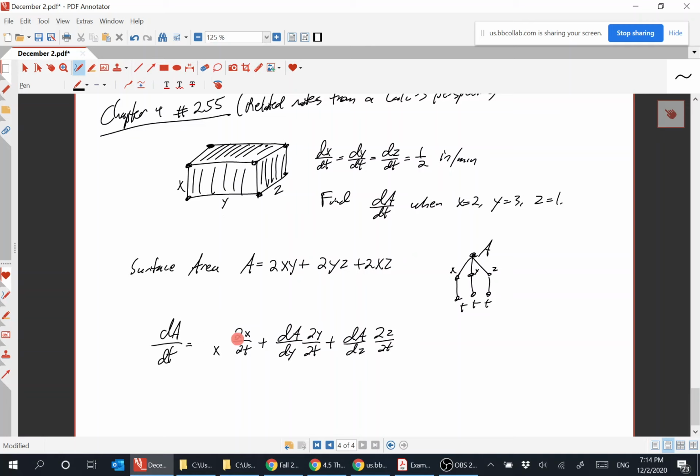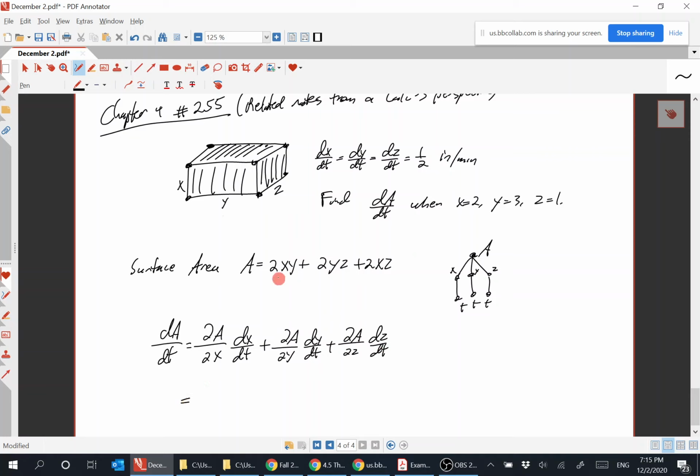Oh my goodness, I did that wrong, sorry. Partial A partial x, that's where the partial goes. A has three variables, x, y, z. So it's ∂A/∂x times dx/dt plus ∂A/∂y times dy/dt plus ∂A/∂z times dz/dt.